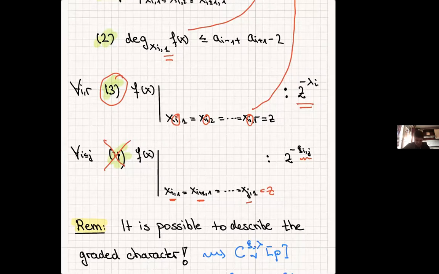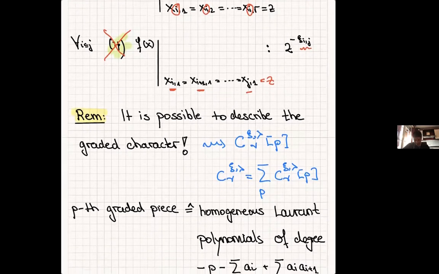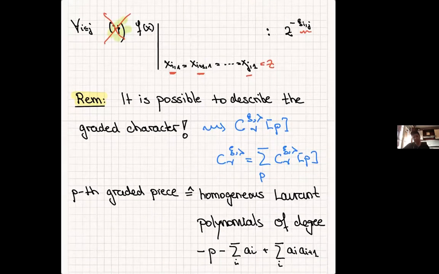But before that, I want to say it's also possible to describe the graded decomposition, not only the classical decomposition. If you want to count the graded character, you just have to count homogeneous Laurent polynomials. And the degree of the homogeneous Laurent polynomial is exactly given by this. So if you want to calculate the graded piece of this decomposition, you just shift it.